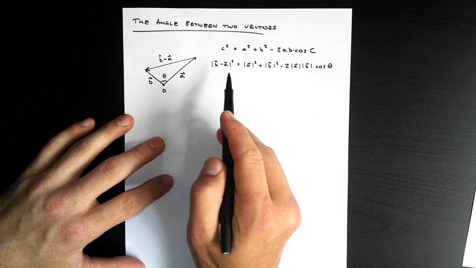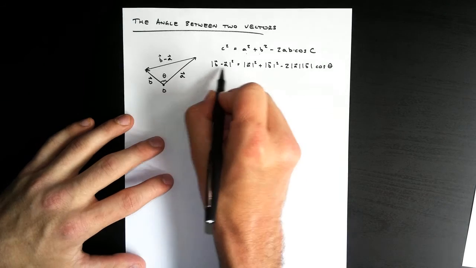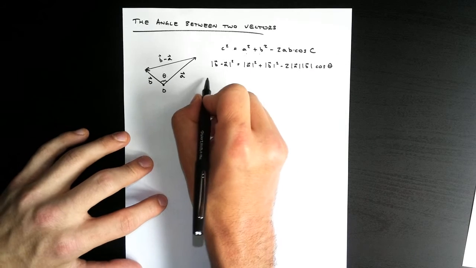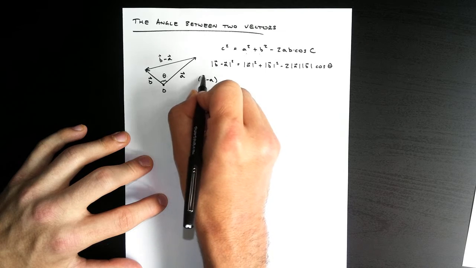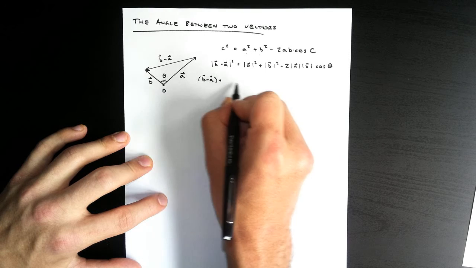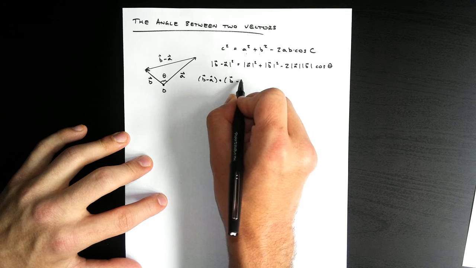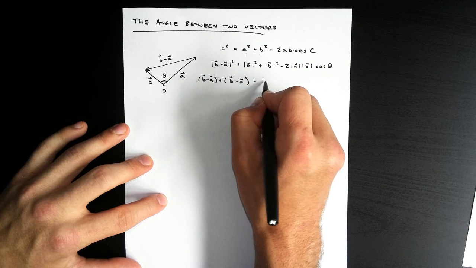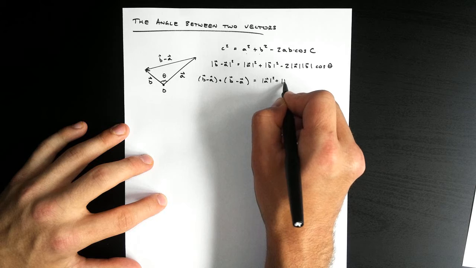The dot product of a vector and itself gives us the magnitude squared. So this is the same as b minus a, these two vectors, dot product with itself. And I'm going to keep everything the same for now on the other side of the equation.